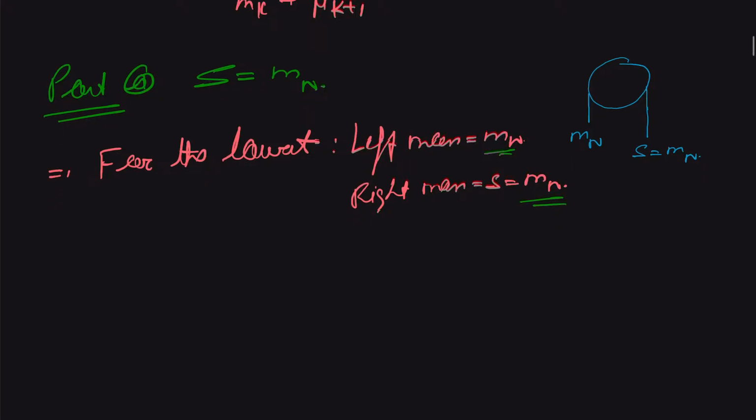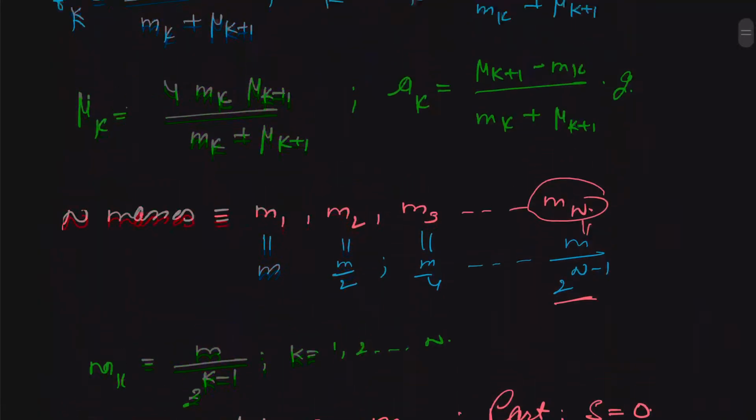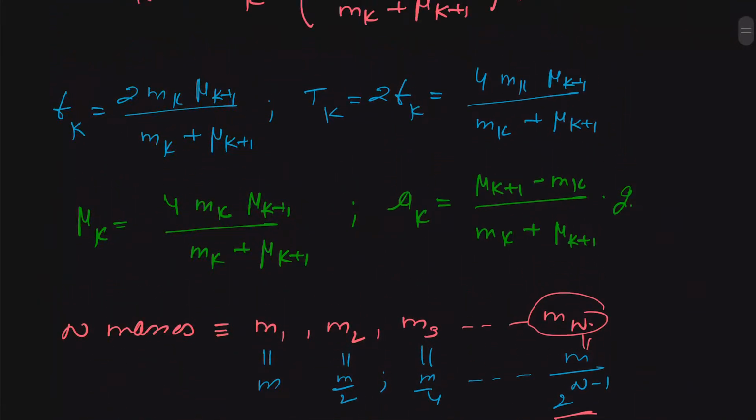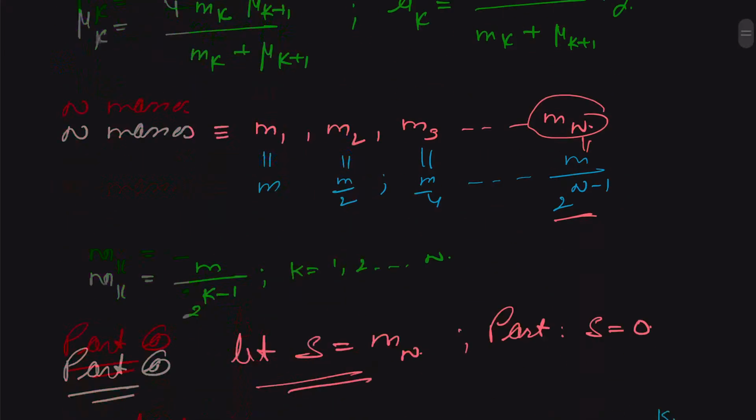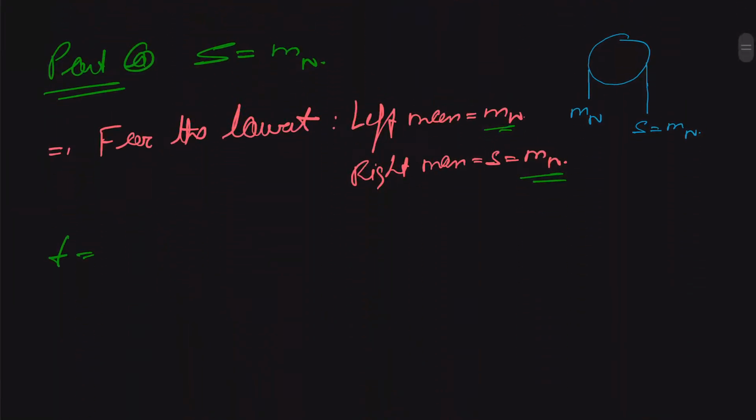Therefore we can easily write the tension T, because the general formula we have already written for tension T, and that tension T is equal to, this is our A mass and this is B mass, and A plus B. Okay. So we simply substitute here m of n on both sides. So we get tension T, that is T of n.